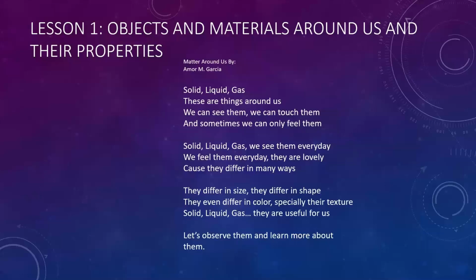We see them every day. We feel them every day. They are lovely because they differ in many ways. They differ in size, they differ in shape, they even differ in color, especially their texture. Solid, liquid, gas. They are useful for us. Let's observe them and learn more about them.